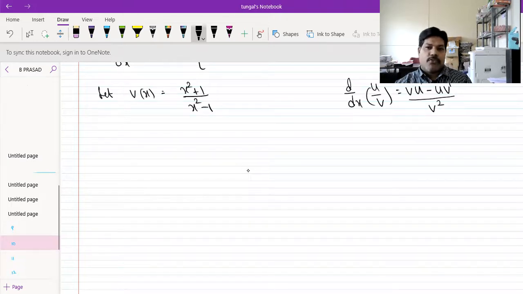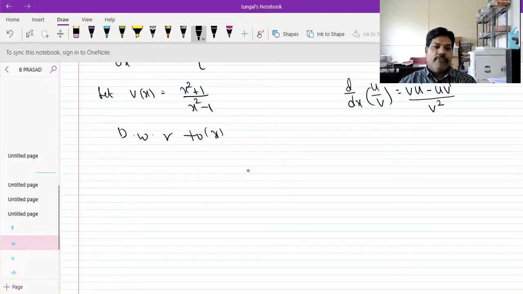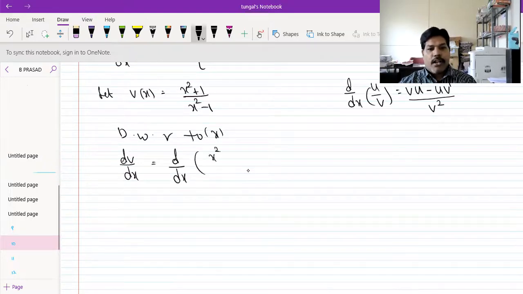So apply this formula. Differentiate with respect to x: dv by dx is equal to the derivative of x square plus 1 by x square minus 1.